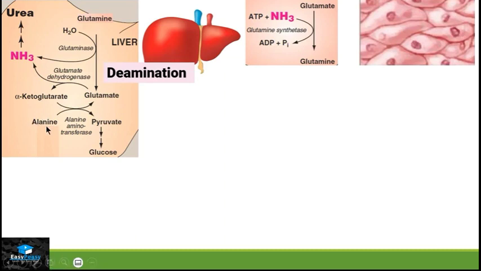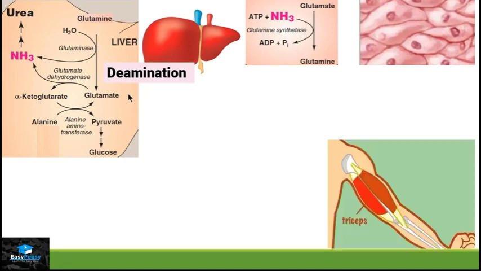Now this glutamine can travel in the blood and go to the liver. When it gets to the liver, the liver reverses that reaction by converting glutamine to glutamate. And I've established earlier that glutamate can also be interconverted to alpha ketoglutarate.